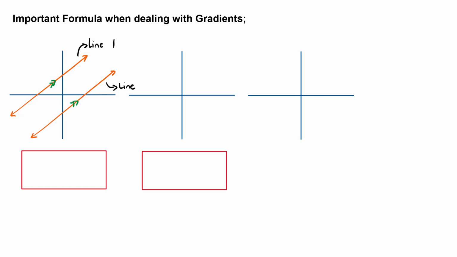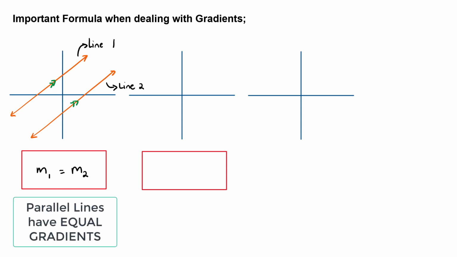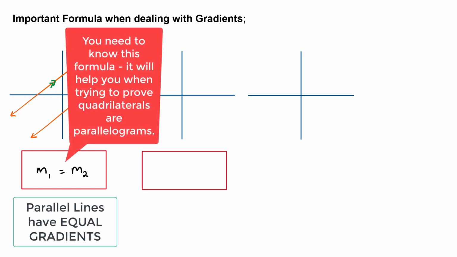And basically what we figure out is that when dealing with parallel lines, they have equal gradients. So that tells us that the gradient of line 1 will equal the gradient of line 2.